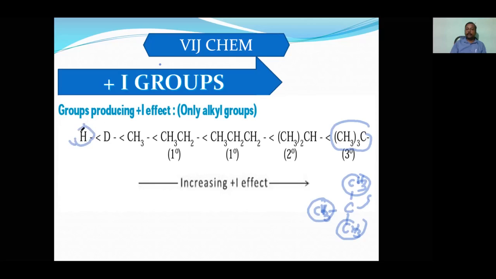Lowest plus I group is hydrogen, highest plus I group is 3 degree carbon, then 2 degree, then 1 degree with a bulky alkyl group, then 1 degree with methyl as the alkyl group. This is also 1 degree, this is also 1 degree, but the group attached is different. Understood? So this is about the plus I effect.